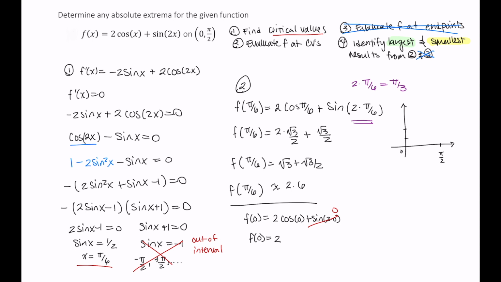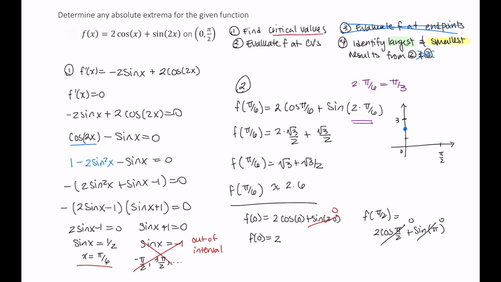So 1, 2, 3. Here's f of 0, and then f of pi over 2 is equal to 2 cosine pi over 2 plus sine of pi. And again, this is going to be 0. Cosine of pi over 2 is 0.